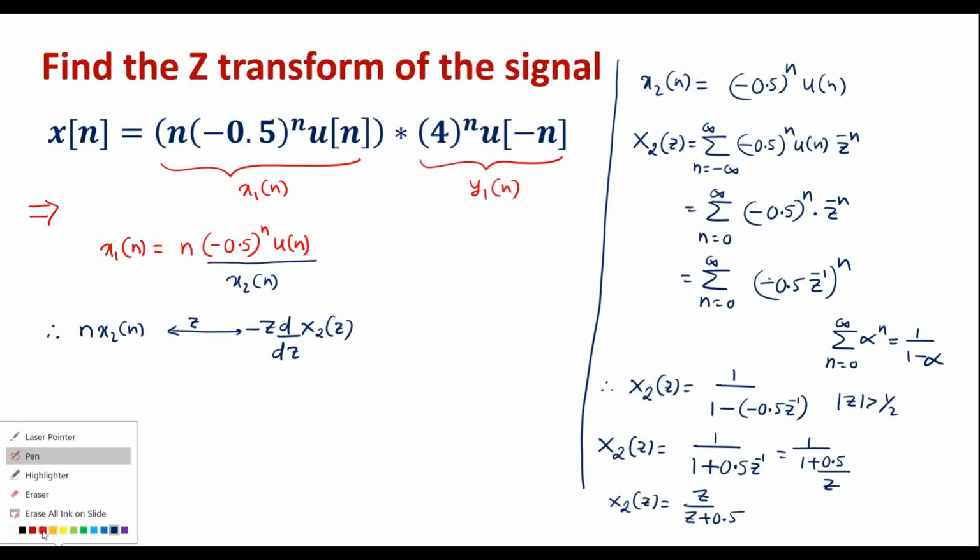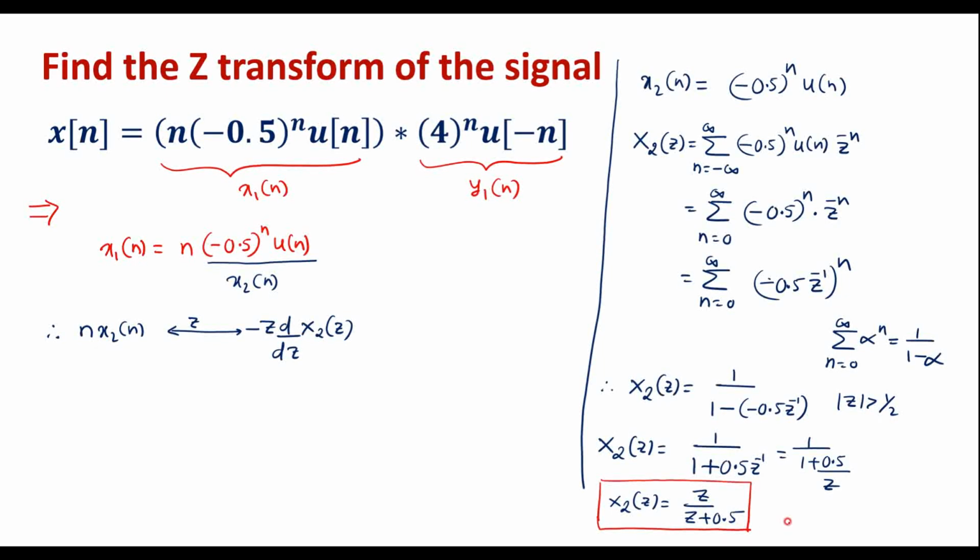So here this is the Z transform of sequence x2 of n. So now in this equation we have differentiation of x2 of z with respect to z, and multiplying with minus z will get the Z transform of x1 of n sequence. Now let me differentiate this x2 of z sequence.